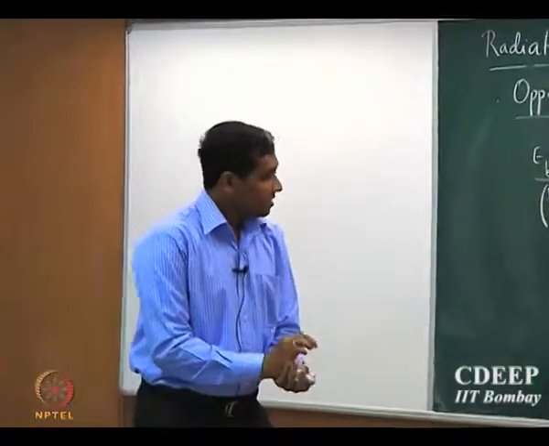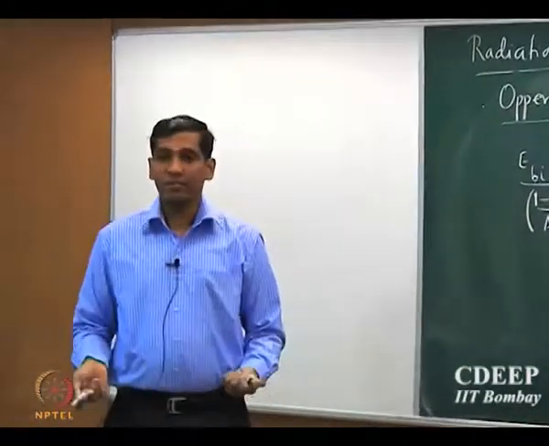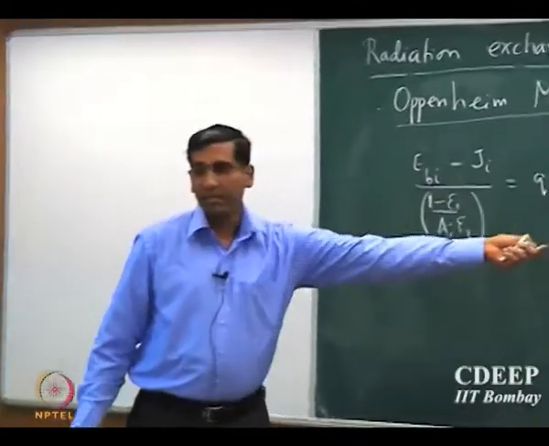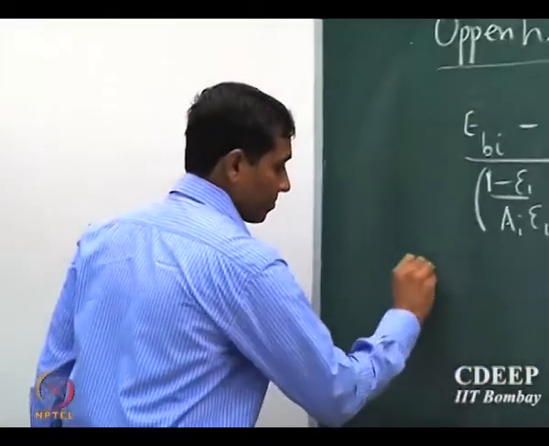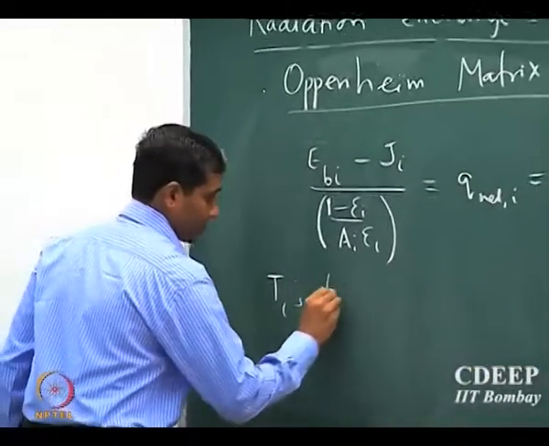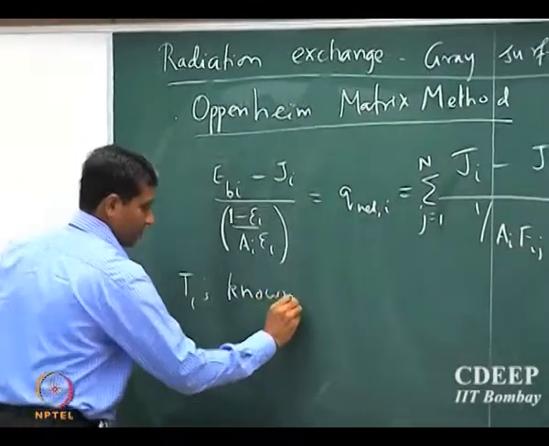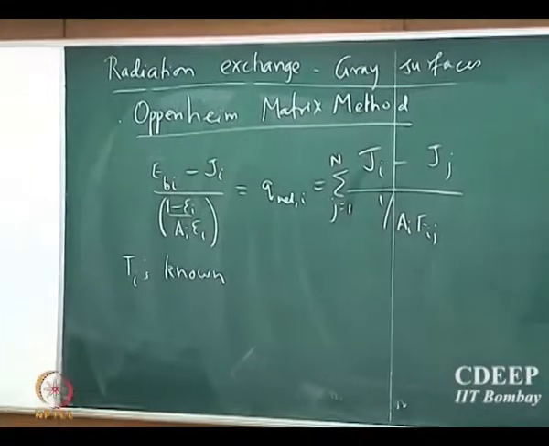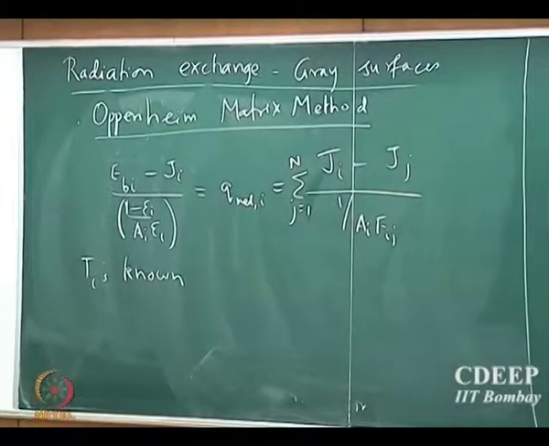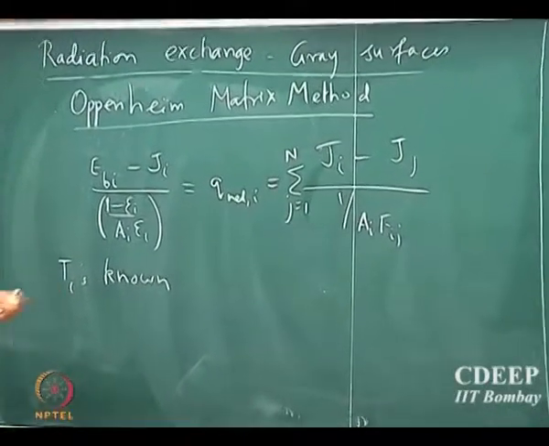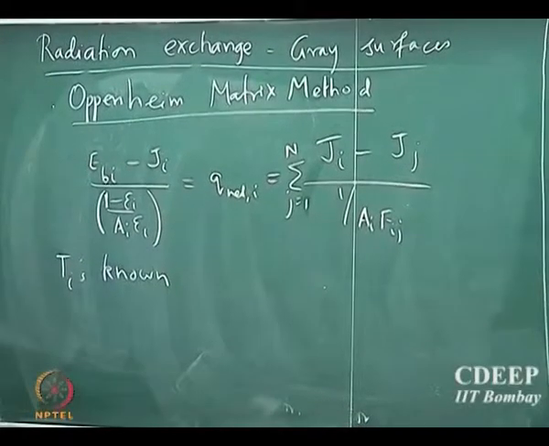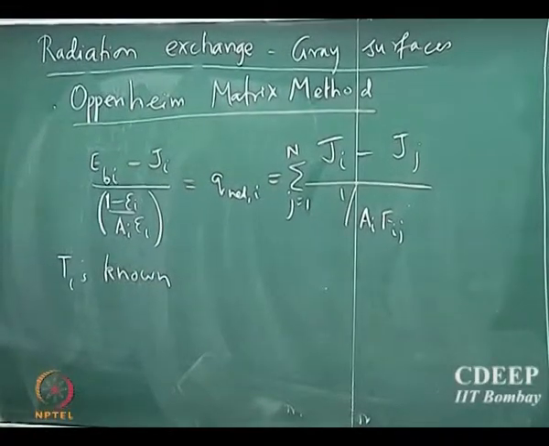Supposing I know the temperatures, which quantity in this expression is a known quantity? Suppose I know the temperature of all the surfaces and I maintain under isothermal conditions. What are the quantities which are known here?